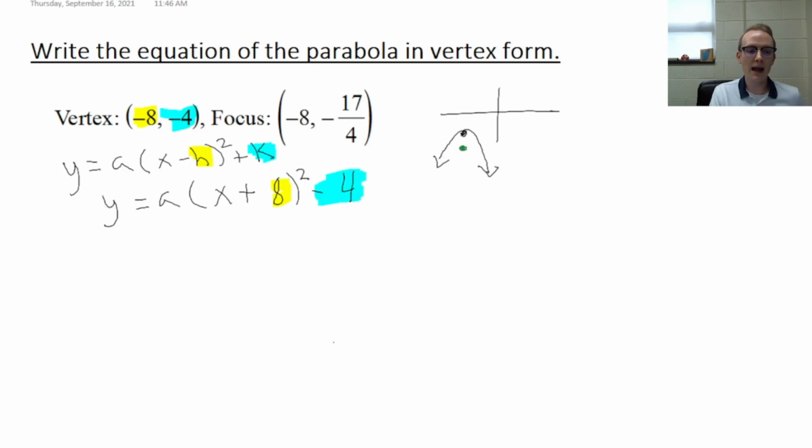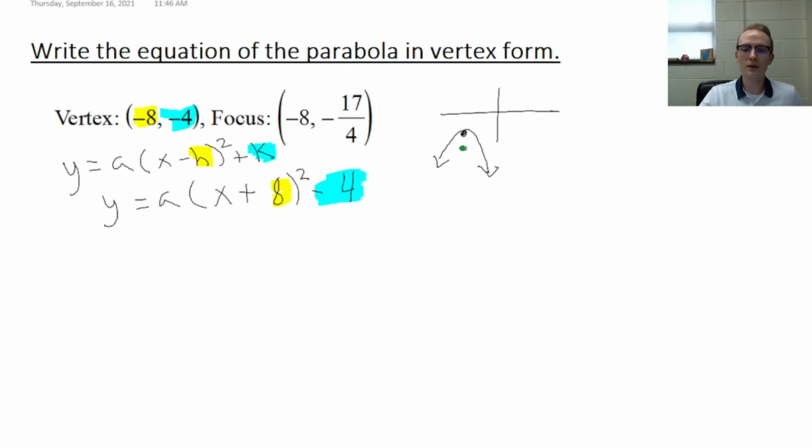So now all we have to find is a. Okay, x and y are going to stay x and y because that's the general form of a parabola. Y equals a times x minus h squared plus k. Just like a line is y equals mx plus b, we leave x and y as x and y. That's our input and our output. We're not going to substitute anything in for those in our answer. All we need to find are a, h, and k.